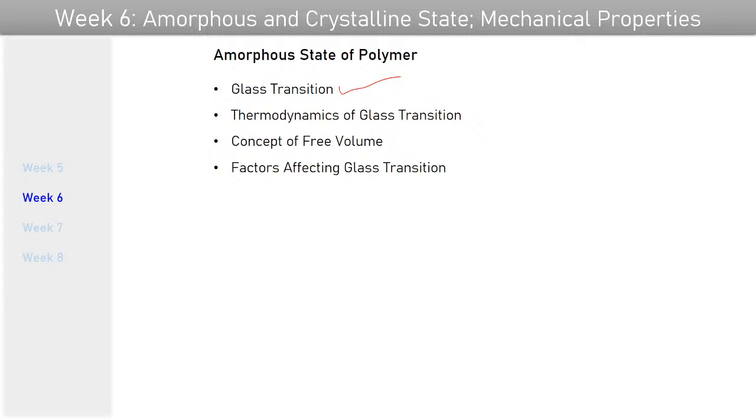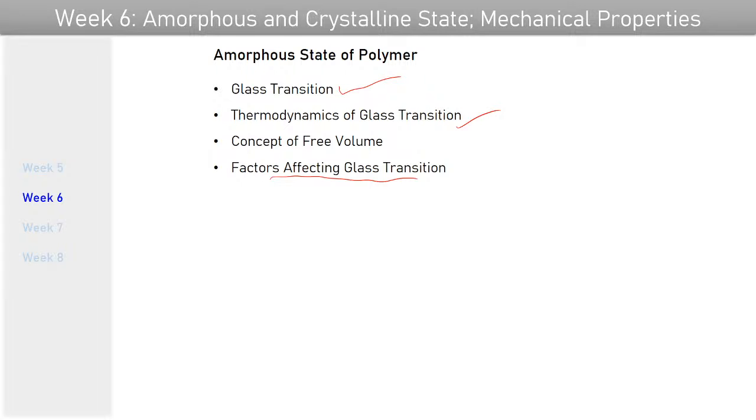The temperature at which this transition takes place is called the glass transition temperature for a polymer, and this is observed only for amorphous polymers. We briefly talked about the thermodynamics of glass transition, free volume theory of glass transition, and also different factors which affect the glass transition temperature of an amorphous polymer.